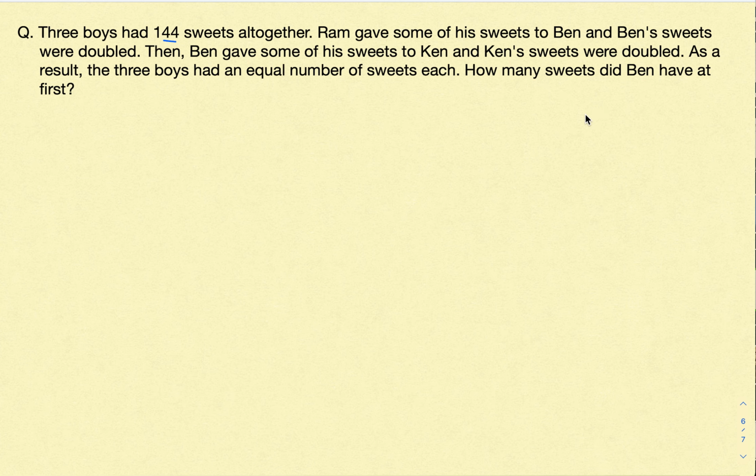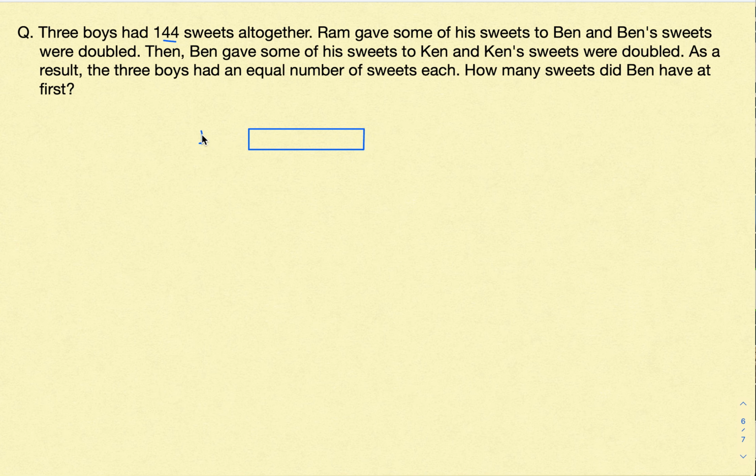So we will start with our model showing that all three of the boys have the same amount of sweets. Let's draw it. Let's say this model shows the number of sweets Ram is having.